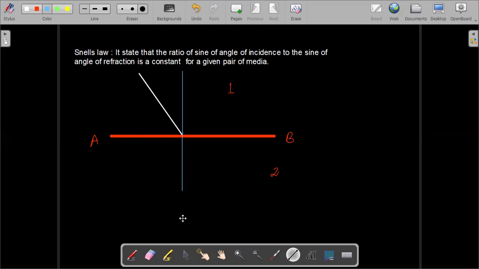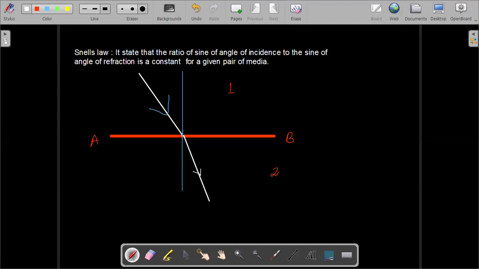Now the ray of light which is passing from here, when it passes from one medium to the other, it bends, depending on their refractive indices. Suppose the ray of light bends something like this.